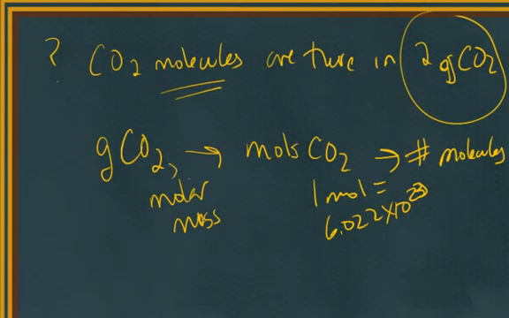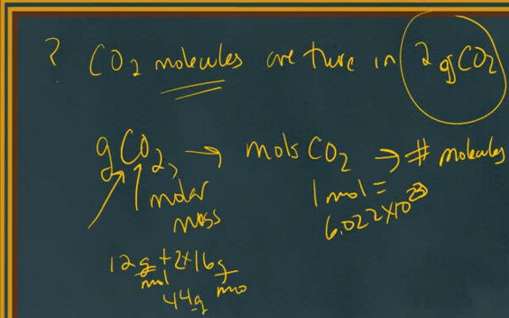Well, you look at the periodic table, and you find the molar mass of carbon, which is 12 grams per mole, and the molar mass of oxygen, which is 16 grams per mole. And of course, there are 2 of those. So it would be 12 plus 2 times 16, which is 44 grams per mole. So we have a way to convert from mass to moles to actual number of molecules.